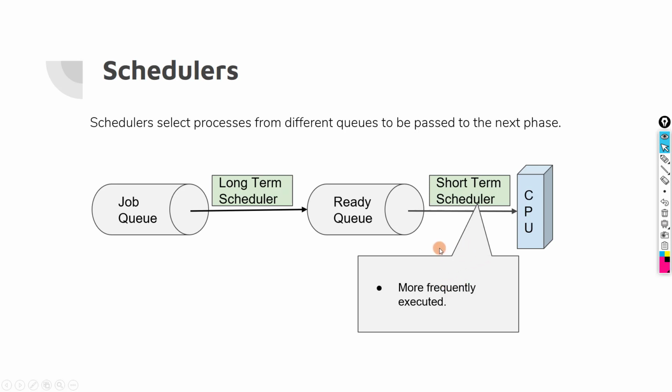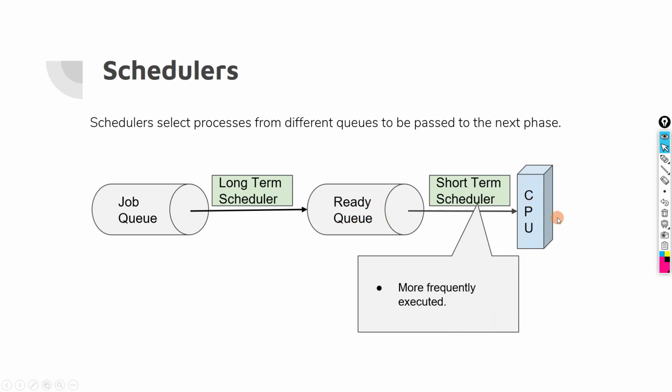Why do you think? Just in the previous slide we have seen the queuing diagram. You have seen that the process comes to the CPU from the ready queue, and the process comes out of the CPU for other events to occur. That can be creating a child or an interrupt or whatever that is. When those events are finished, the process again goes to the ready queue and again goes to the CPU.